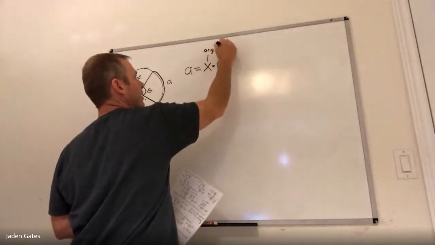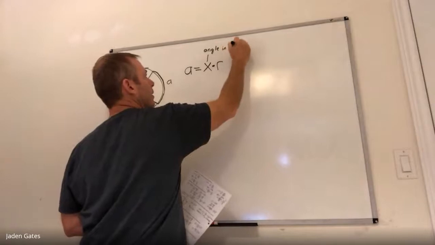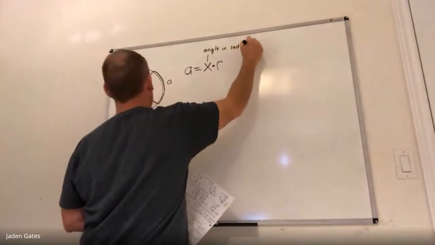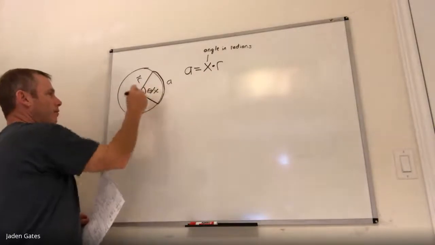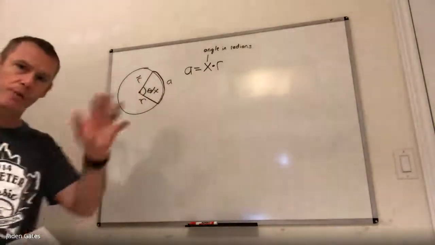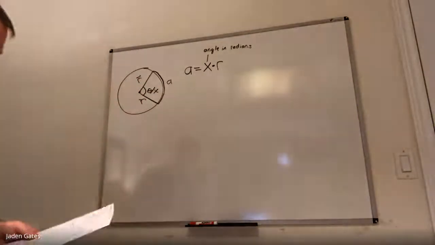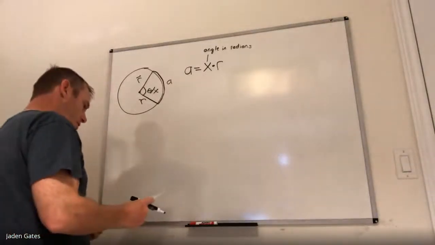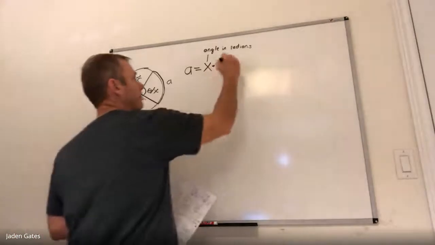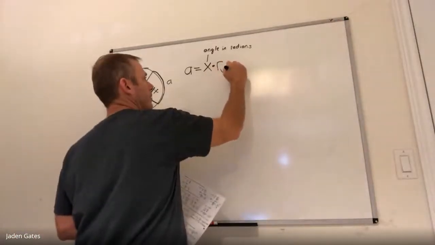That's the key. So this theta here, that could also be called x. One's in degrees, one's in radians, and that's why we learn to switch back and forth. And r is your radius.